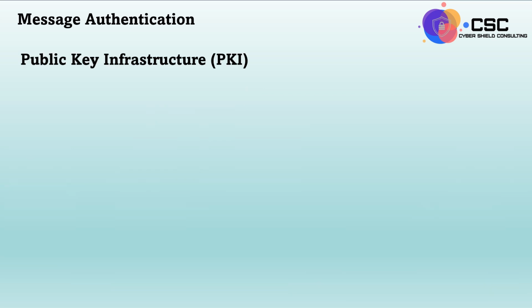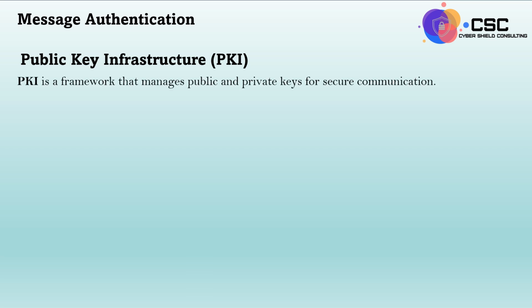We just learned about digital signatures, but how do we manage and verify public keys? That's where public key infrastructure comes in. Public key infrastructure is a framework that ensures secure communication using public and private keys. It provides all the components necessary for different types of users and entities to be able to communicate securely and in a predictable manner.